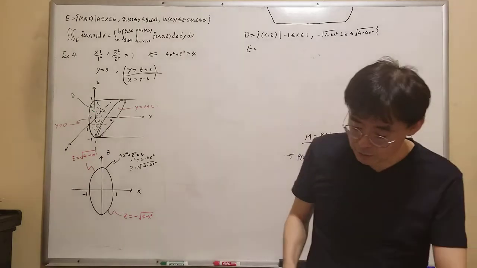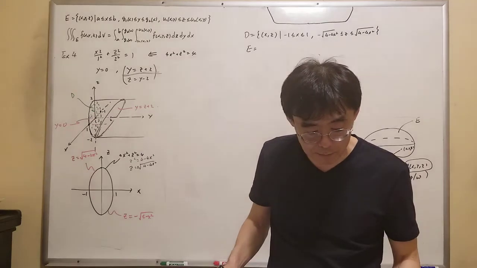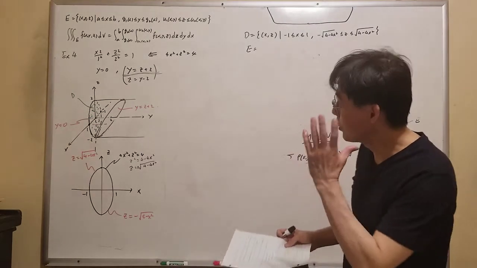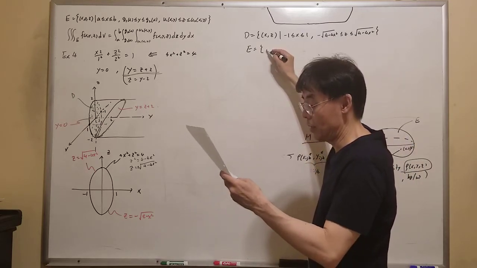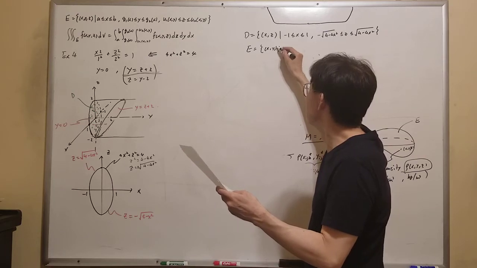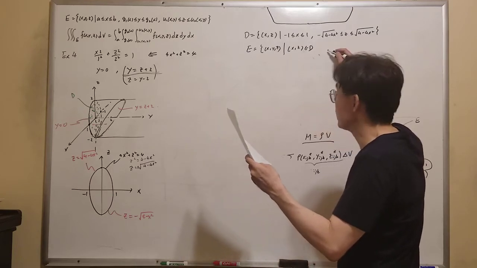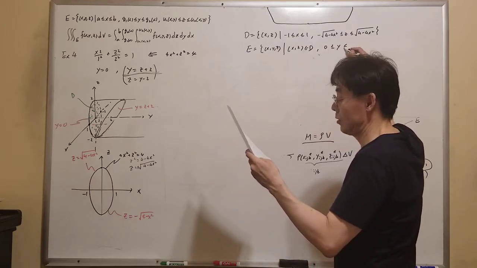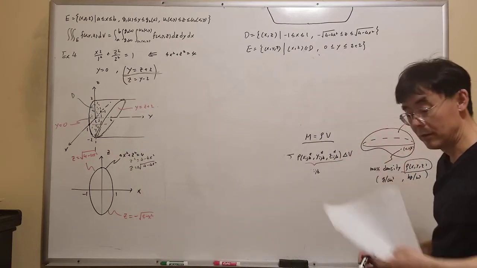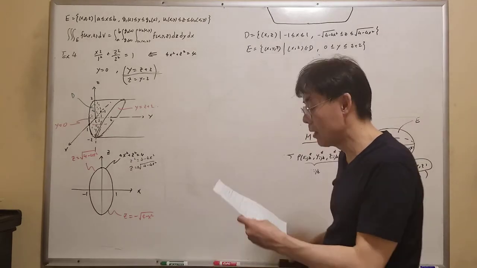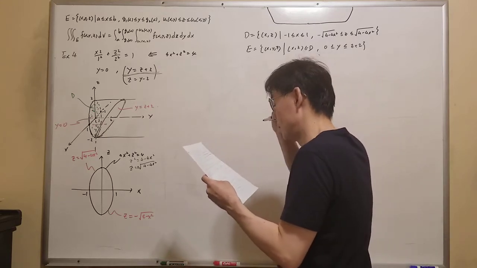Is it called type 3 or type 2? Oh, this is called type 3. I'm sorry. Type 2 is onto the YZ. Okay. This is x, y, z. We're given x, z in the D, y runs from 0 to z plus 2. Okay? So you can set.